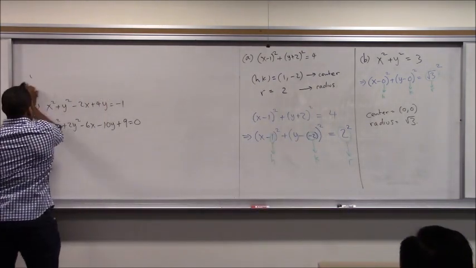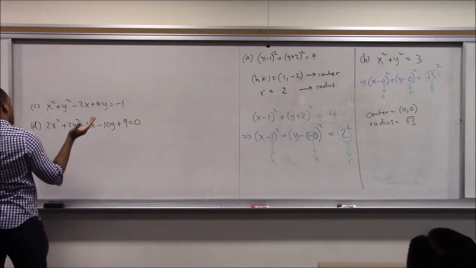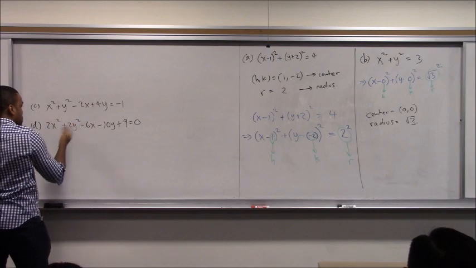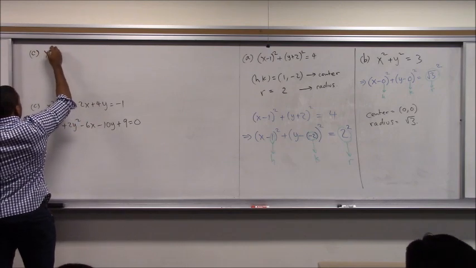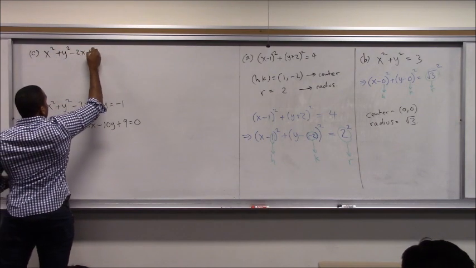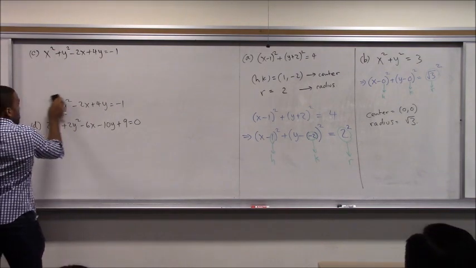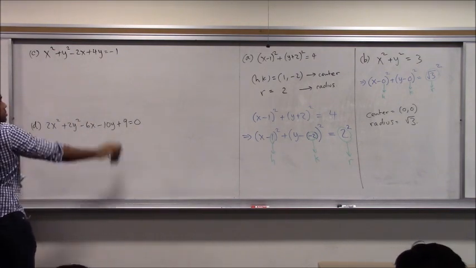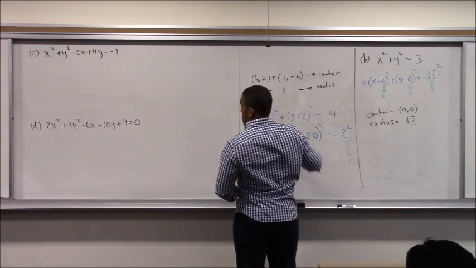Let's do the more challenging ones. Okay, so on a test or a quiz or a final, it's one of these two types that you'll see. So it'll be much more familiar to this one. I'll write that one over here.